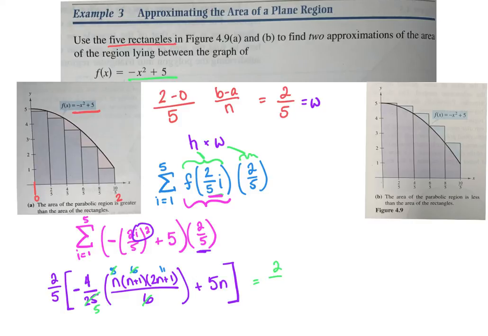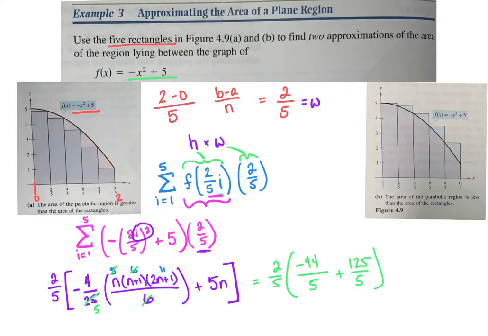So I have 2/5 times negative 44 over just a 5 here plus 25. And so keep in mind you're doing common denominator. So 25 over 1 is going to be what? 125 over 5, right? Make sense?